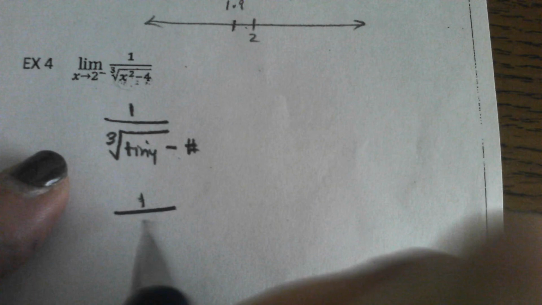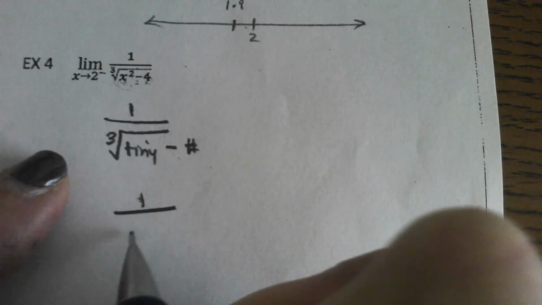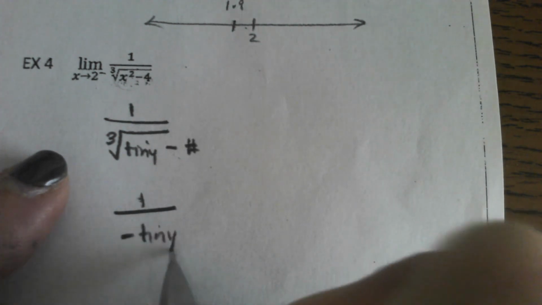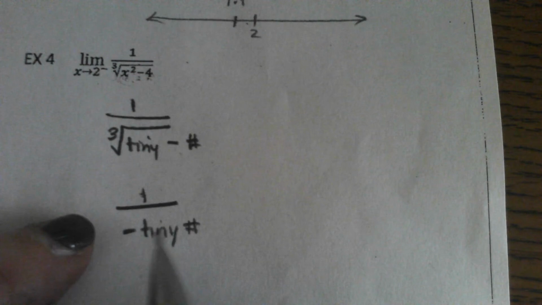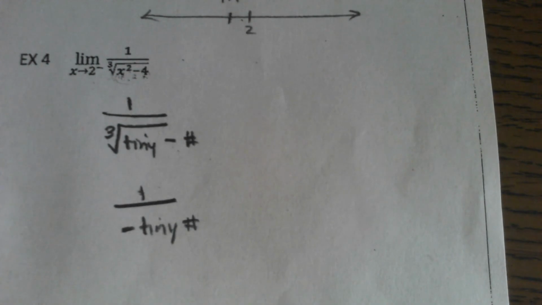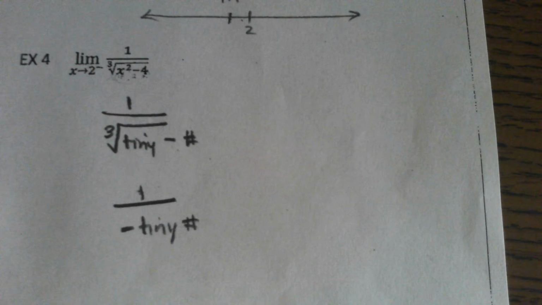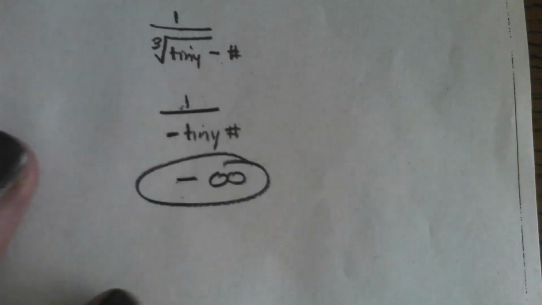The fact of the matter is, it's 1 over a negative tiny number. And when you take 1 and divide it by a tiny number, it's going to be some sort of infinity. And because there's a negative sign there, the answer is negative infinity.